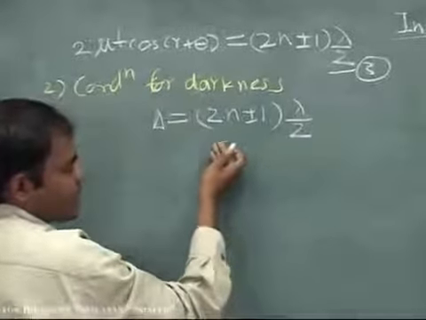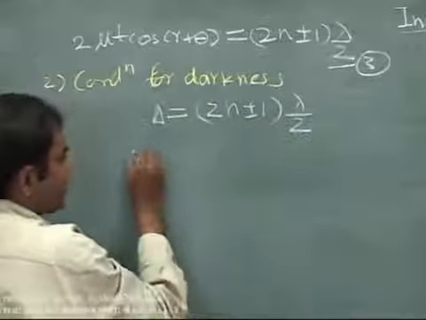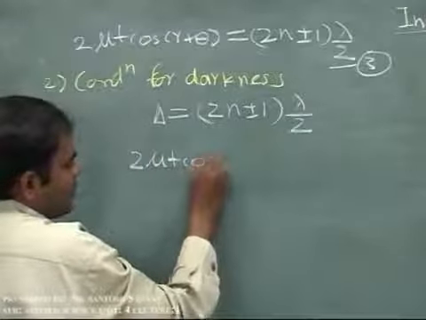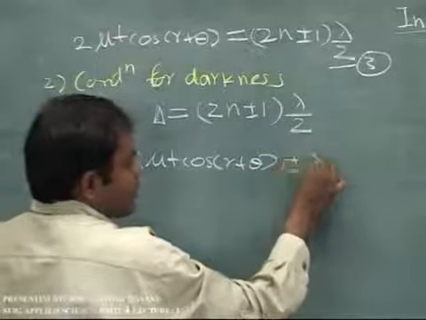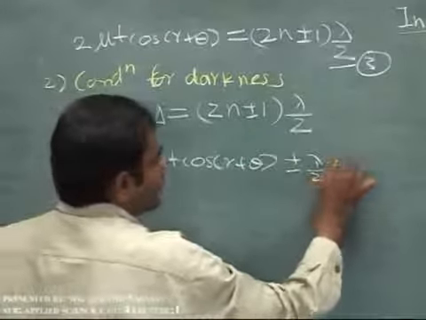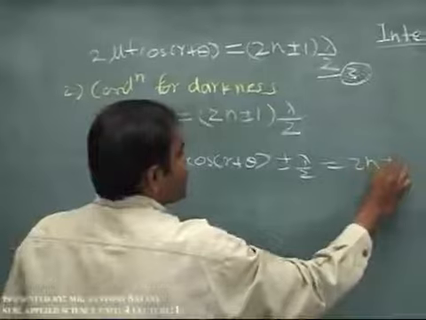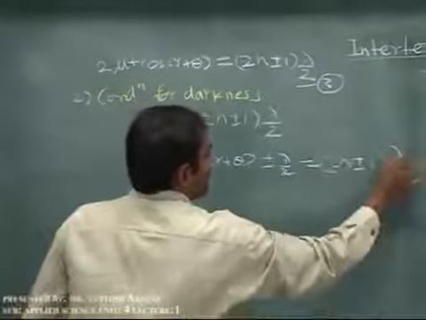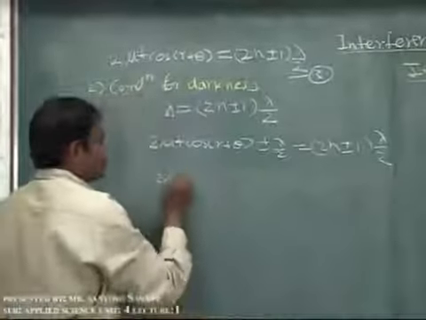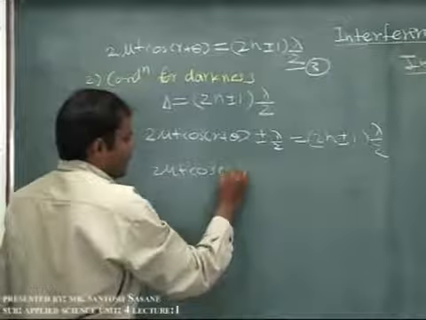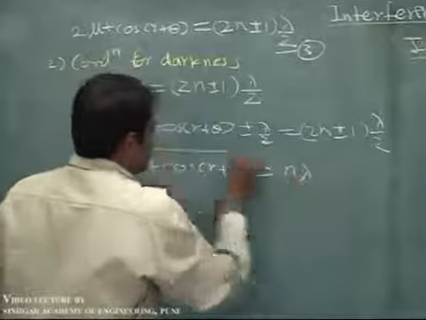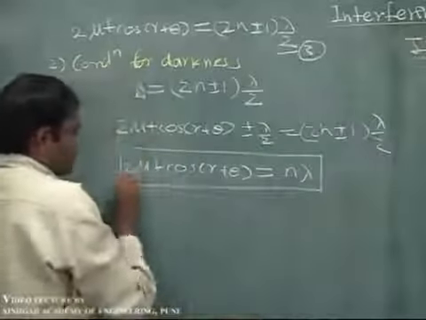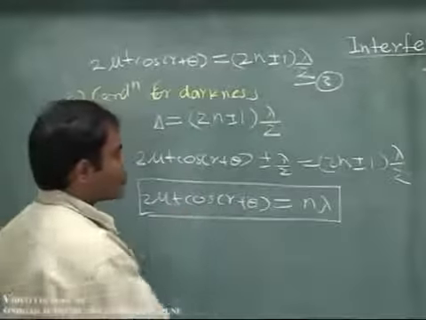So comparing this path difference with the condition we have got here, we can write 2μt cos(r + θ) ± λ/2 is equal to (2n ± 1)λ/2, or simply 2μt cos(r + θ) is equal to nλ. So this is the condition for darkness for a thin wedge-shaped film.